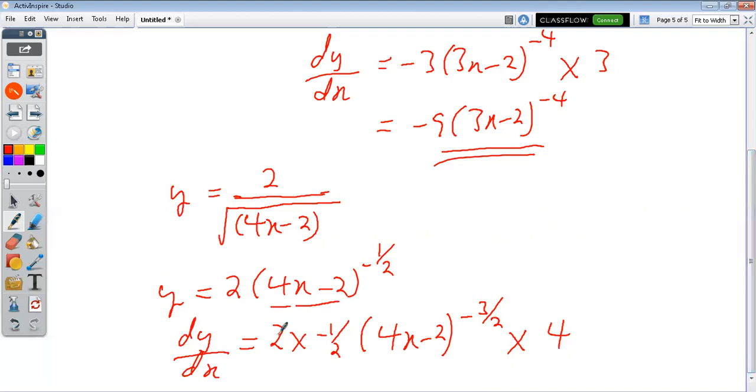So if you multiply 2 times minus half, that gives you minus 1, times 4. The final answer becomes minus 4 brackets 4x minus 2 to the power of minus 3 over 2. Clear?